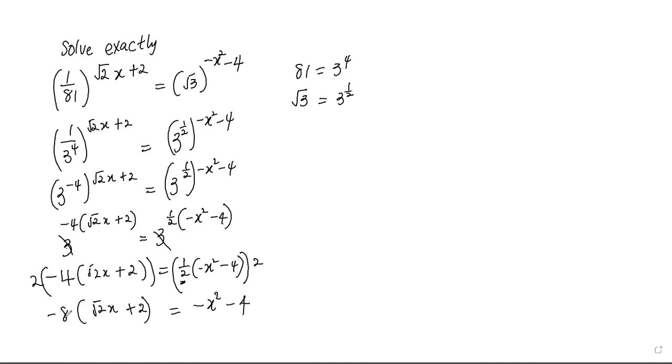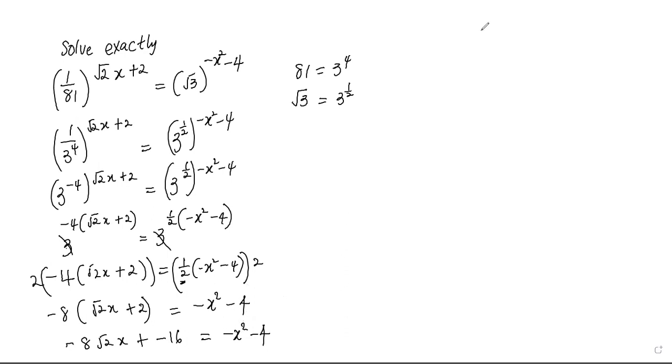So now you can distribute with minus 8, so you have minus 8 root 2x plus minus 16 is equal to minus x squared minus 4. All right, now you can see we have a quadratic equation because of the presence of this x squared right here. So you can go ahead and arrange it in its standard form.